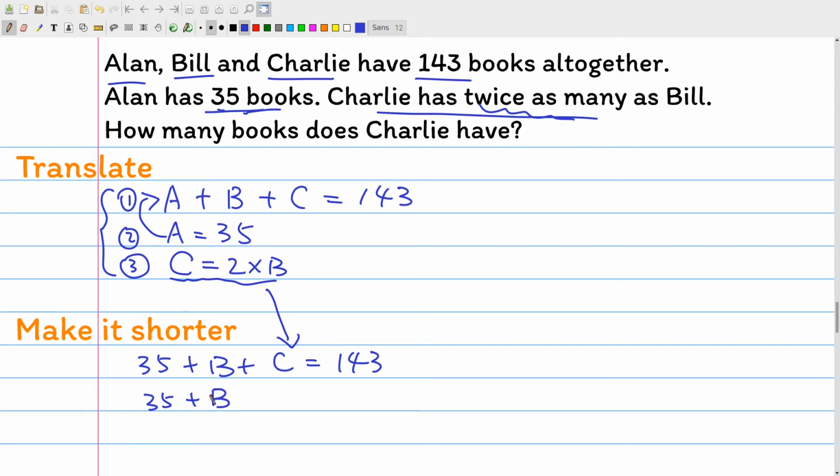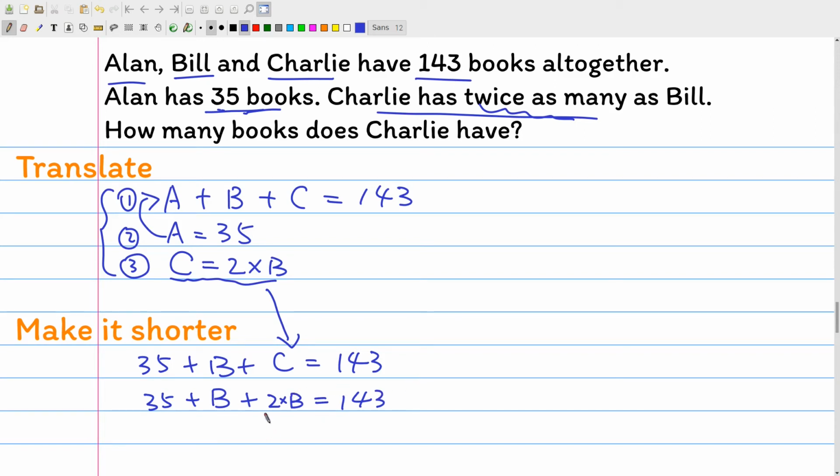B, nothing changed. Now this part we need to change. C equals 2 times B, right? So 2 times B equals 143, just a copy. Now, 35 plus B plus 2 times B equals 143.